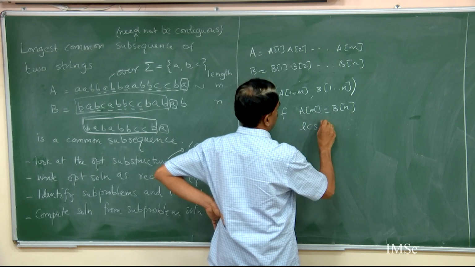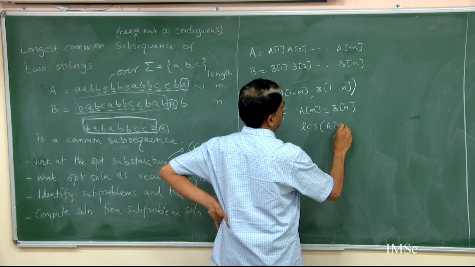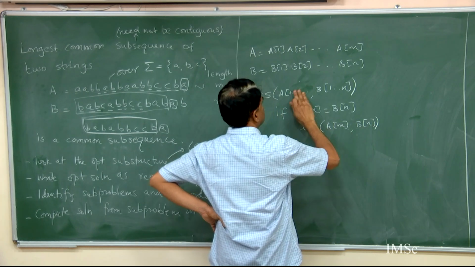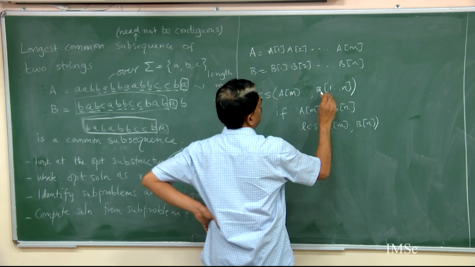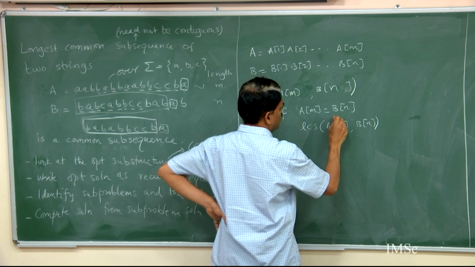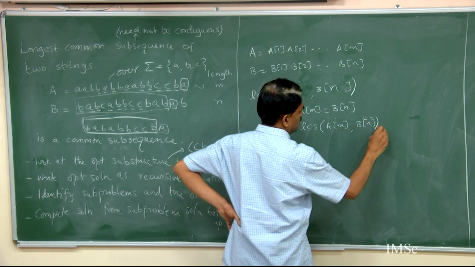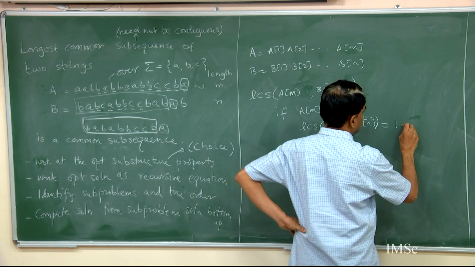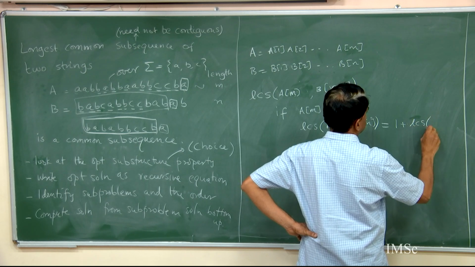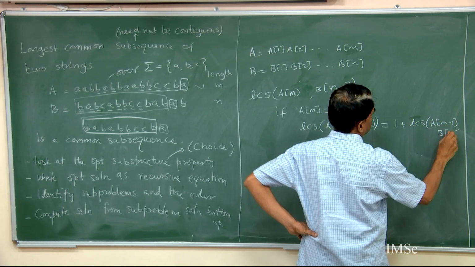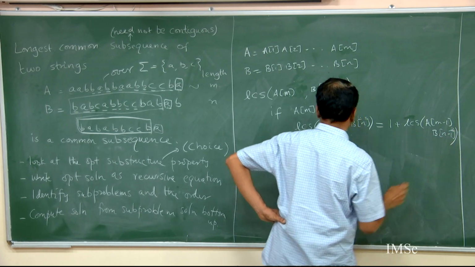Then LCS of, let's say, Am Bn. To make life simpler I'm going to call this Am Bn, but what I mean is 1 to m. This is actually 1 to m. I get one character by the last characters, plus now you compute the LCS of Am minus 1, Bn minus 1.